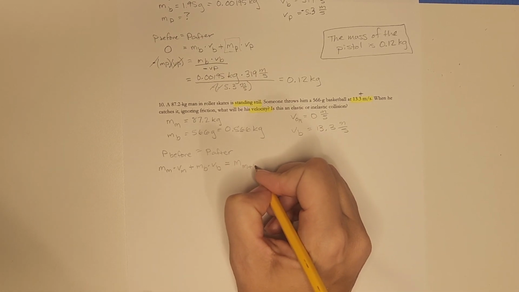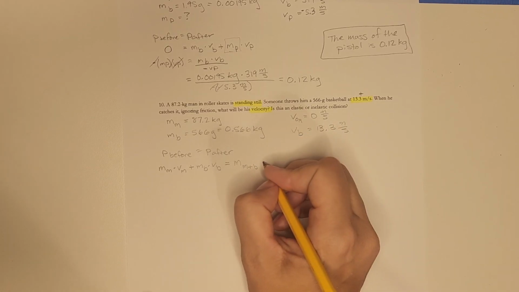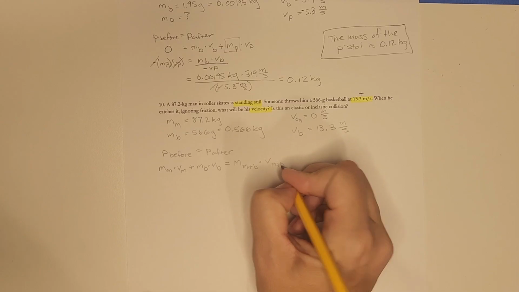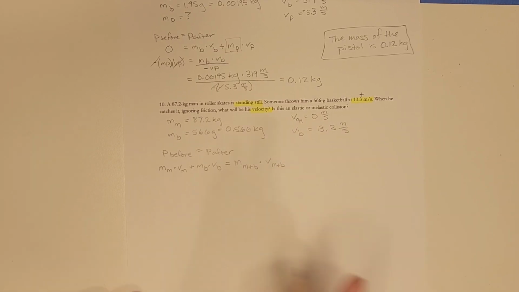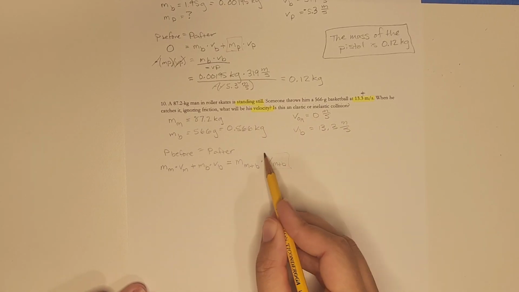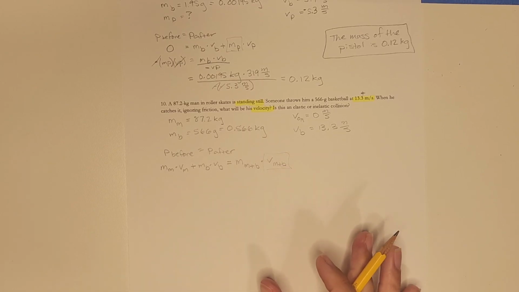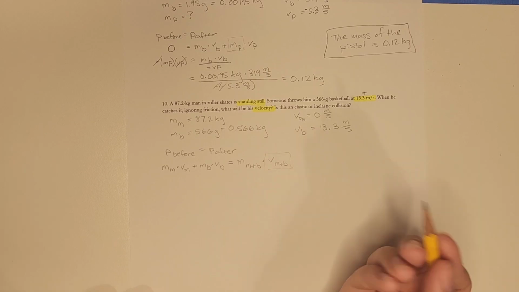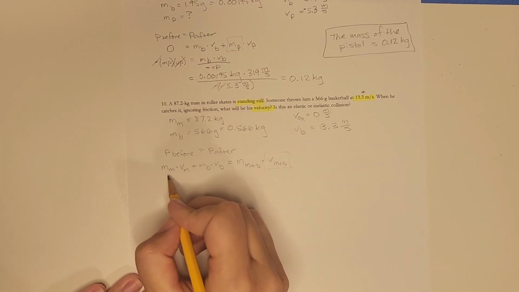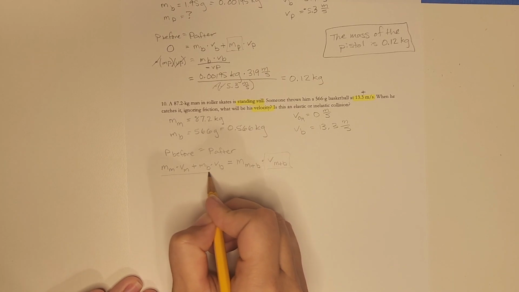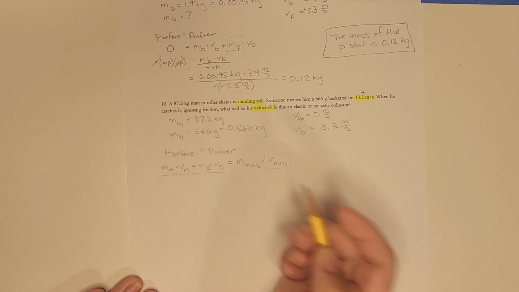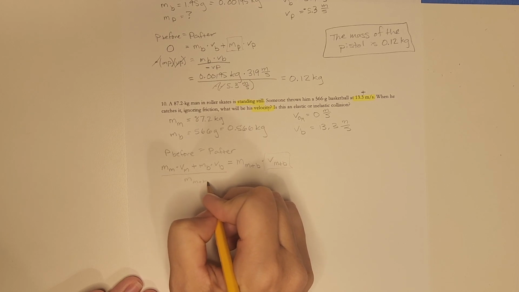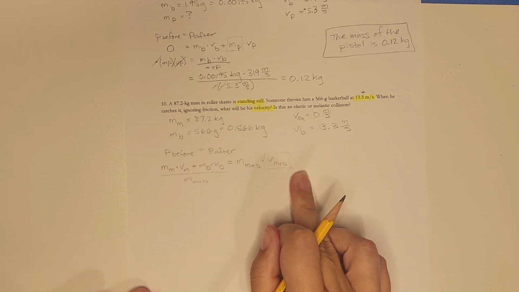So mass of man plus ball times our velocity of our man plus ball. Okay? We're solving for this one. So since we're solving for that, we're going to be dividing all of this by the mass of the man plus ball to get this velocity of the man plus ball.